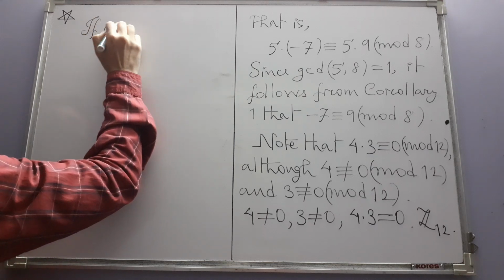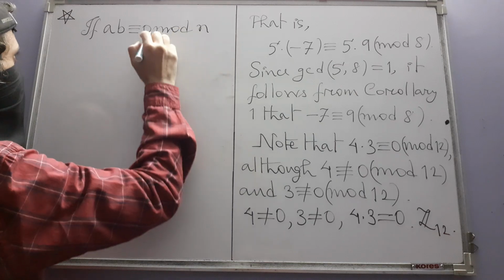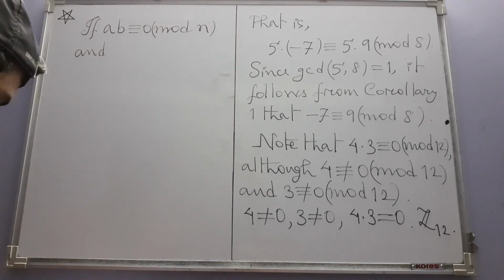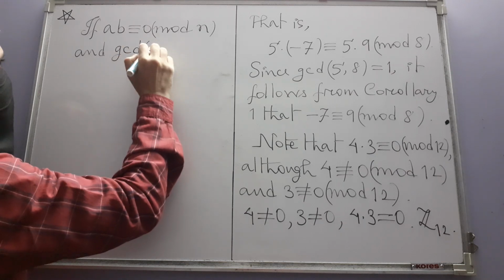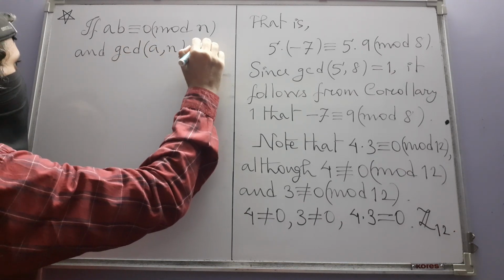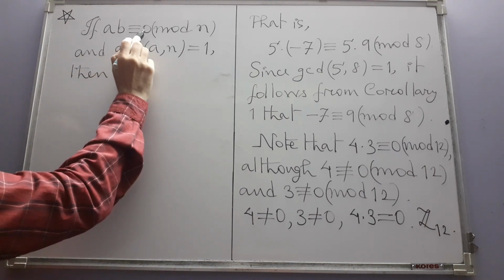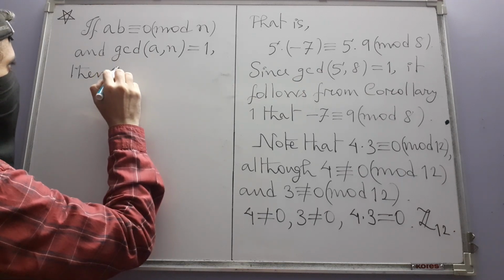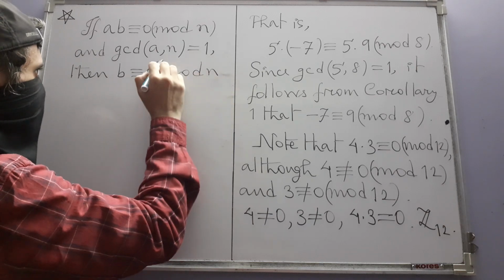If AB is congruent to 0 mod n and GCD of A and n is 1, then by corollary 1, because this side you can interpret as A times 0, you will get B congruent to 0 mod n.